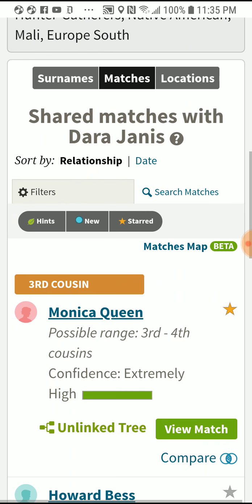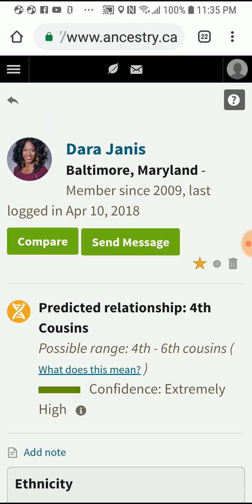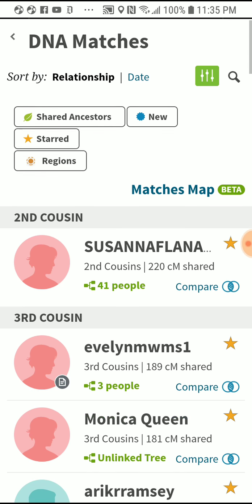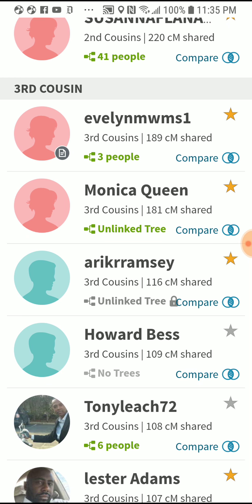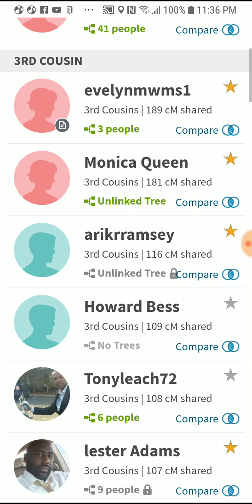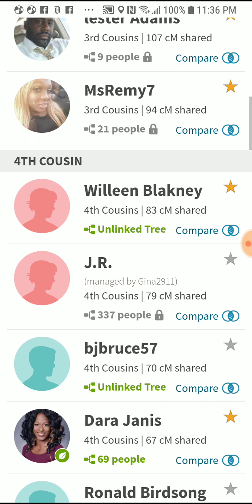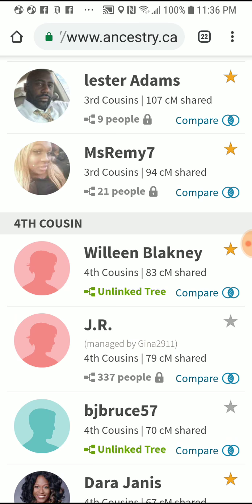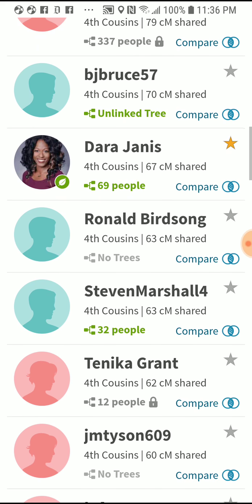Another tool I use, let's say for instance, let me go back. All right, let me find someone with a small tree. There's only 3 people on that tree. How many on that tree? Let me find.